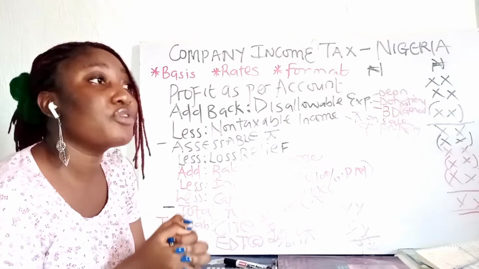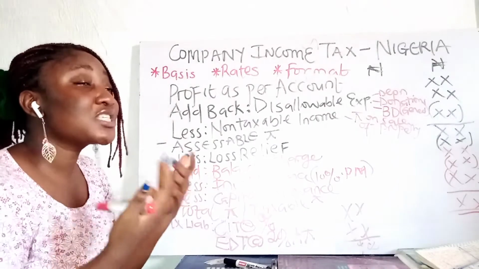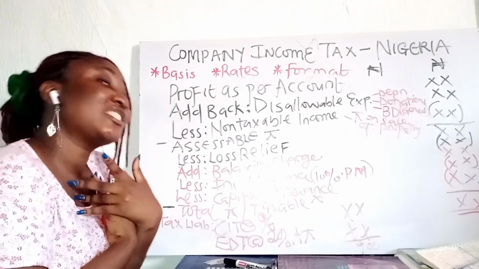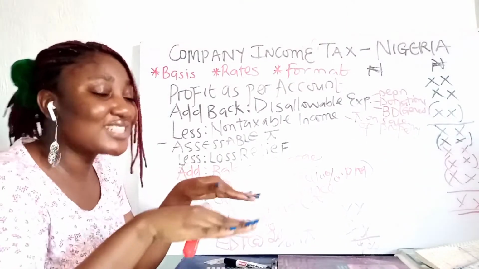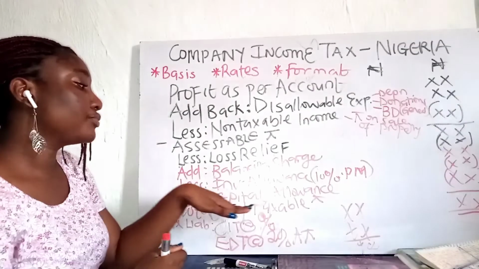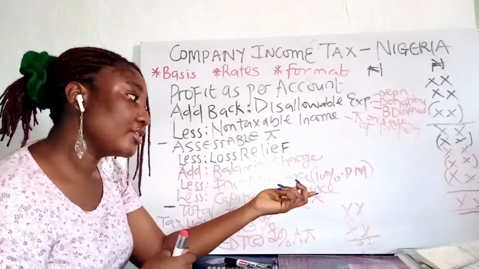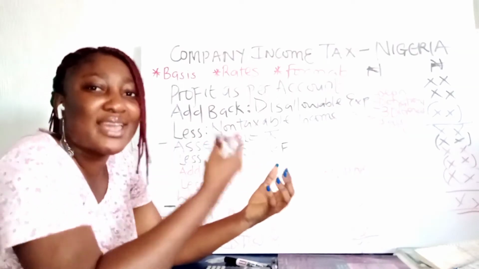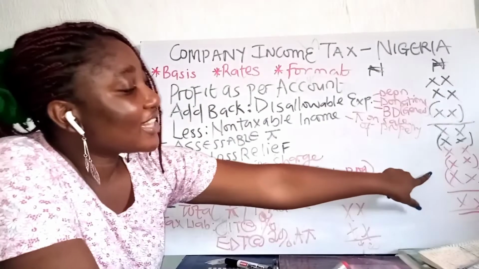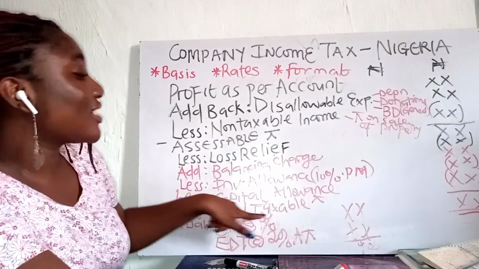In most cases, it is favorable. As in, capital allowance rates, in most cases, might be higher than what you even charge as depreciation. And in some cases, it will be unfavorable. But that is the standard. That is what the tax authority has said. So, your capital allowance, you less it, right? It's an allowance that is relieving you of the money you spent to buy an asset. So that's the last thing you will deduct before you get to your taxable profit.